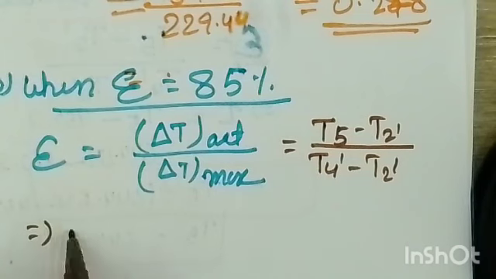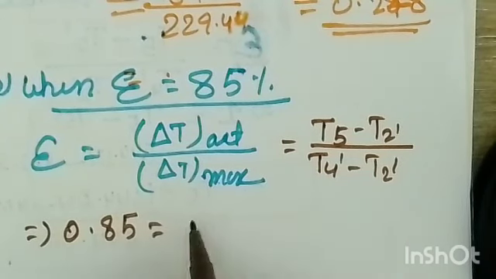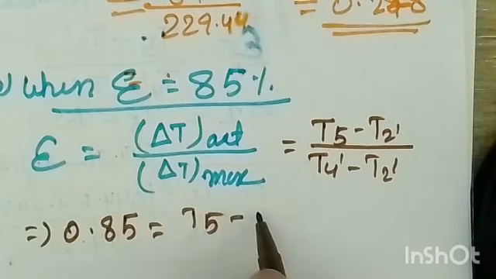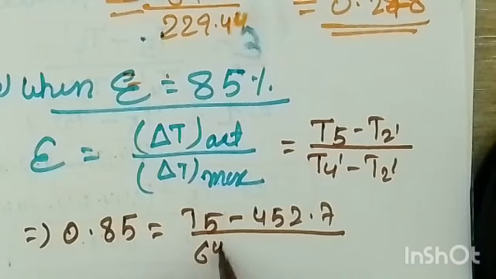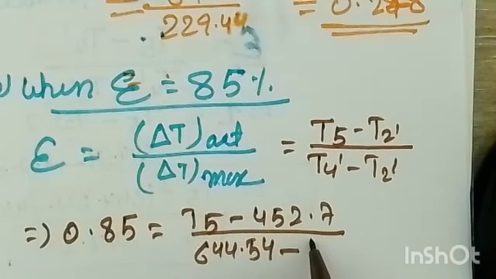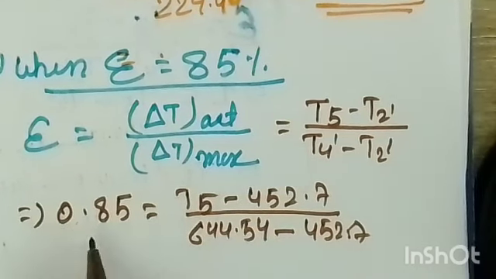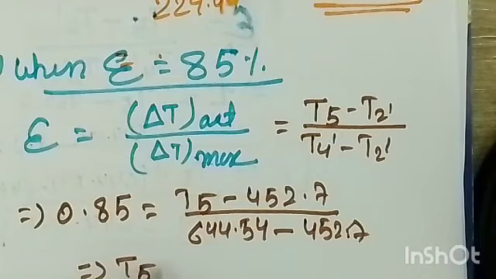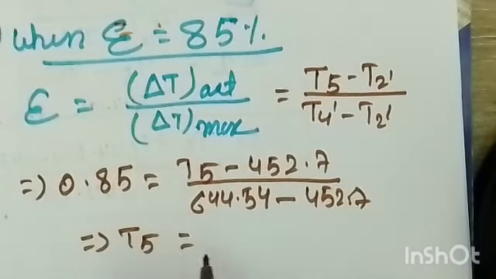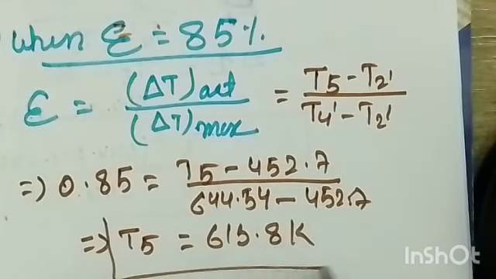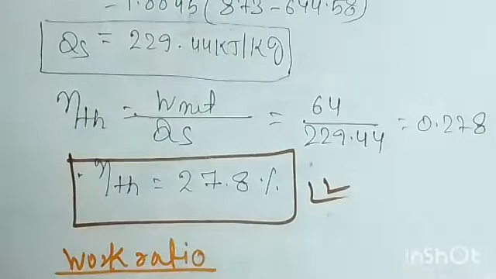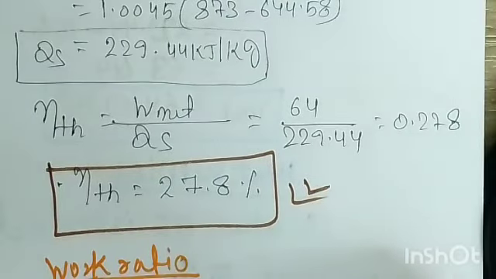Let's do that: 0.85 is equal to T5 minus T2', which is 452.7, by T4', which is 644.54, minus T2', the same 452.7. When you cross multiply you will get T5 equal to 615.8 Kelvin, right? So this much heat we got when the heat exchanger is not perfect.